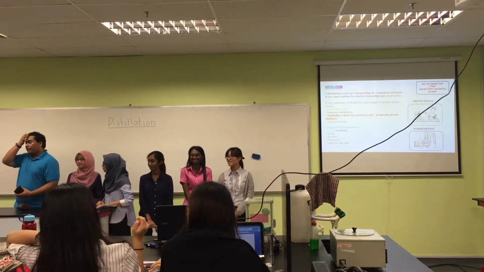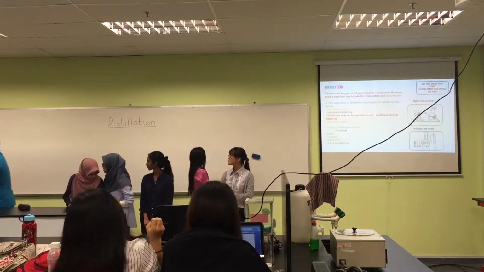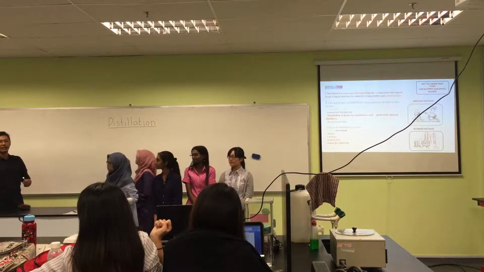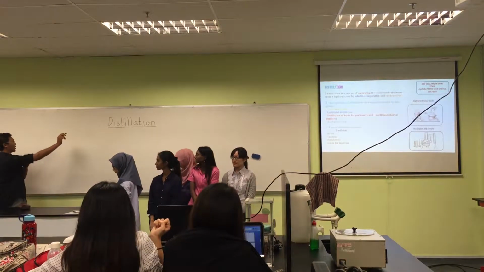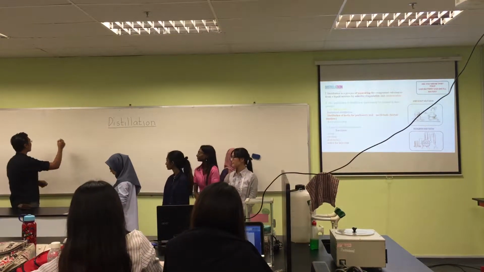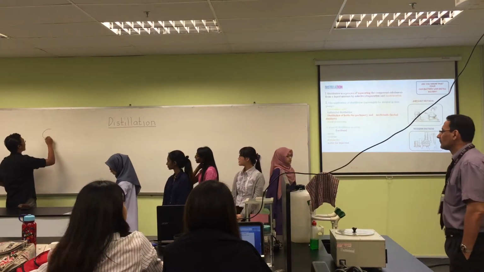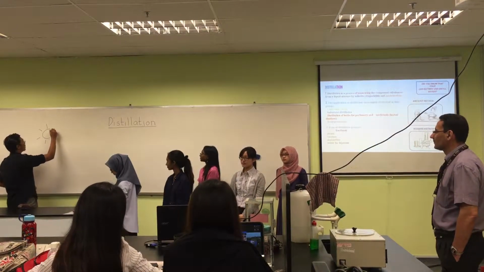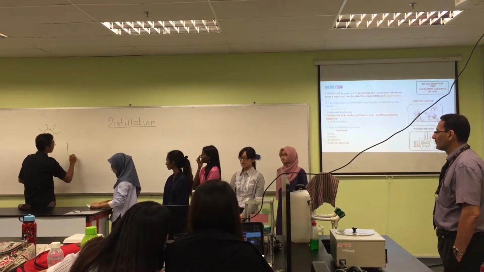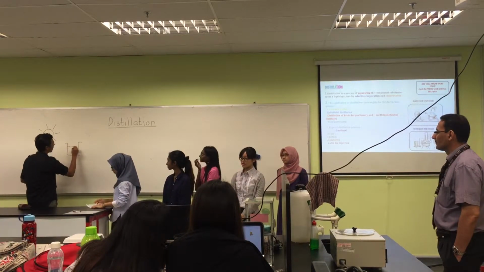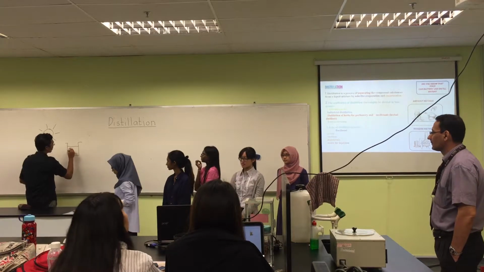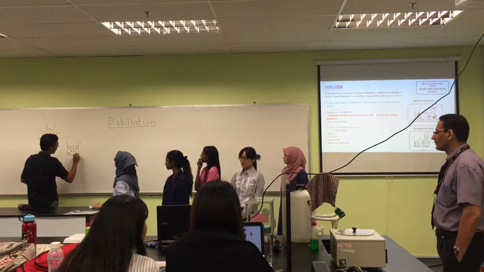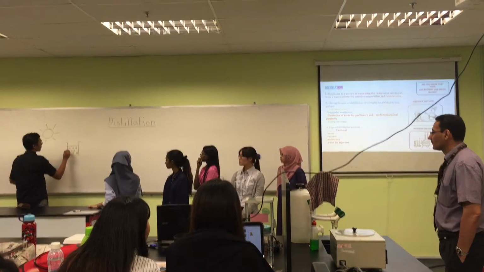The process is very simple. You can use many methods. One example is in our daily life. In ancient times, we used the sun as our source of heat to heat up the liquid mixture that contains water molecules and salt.